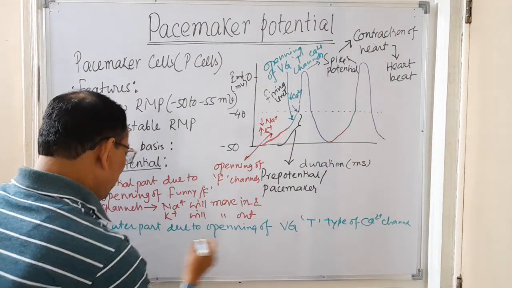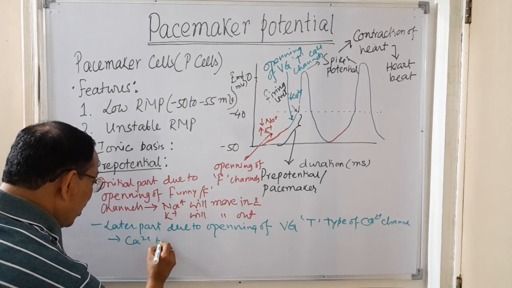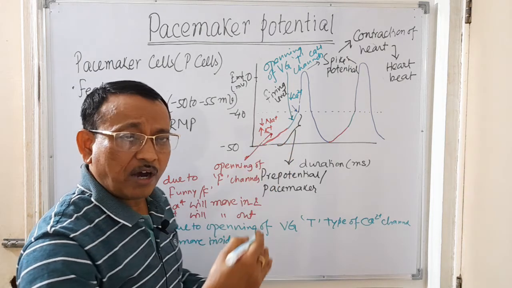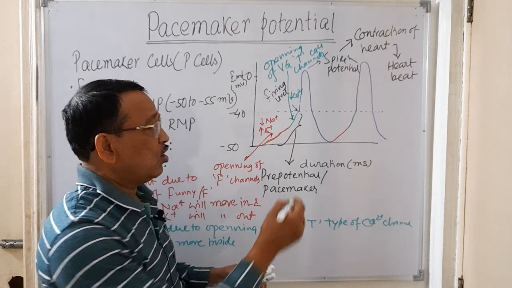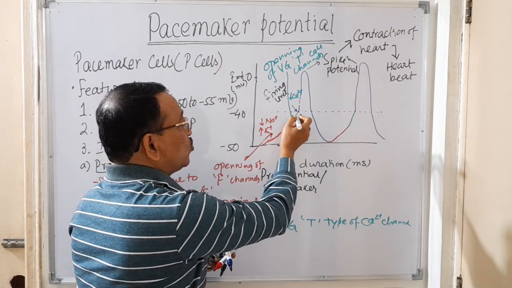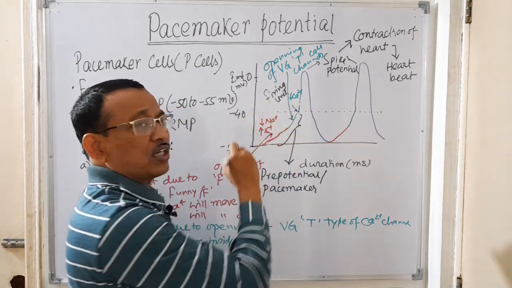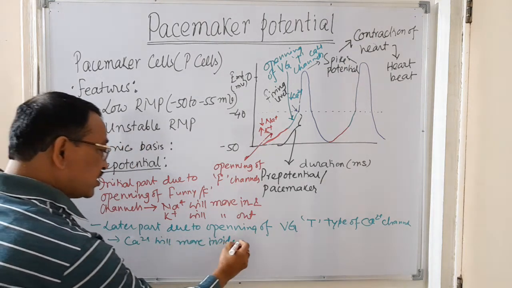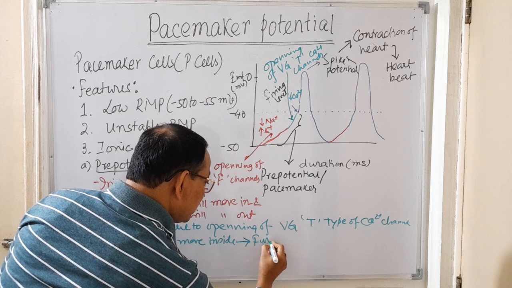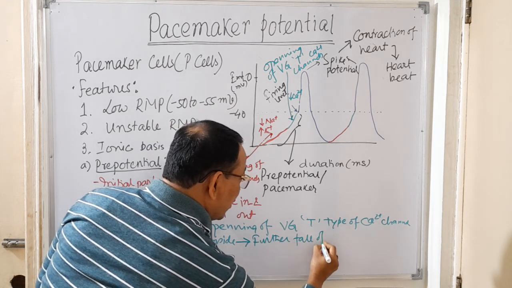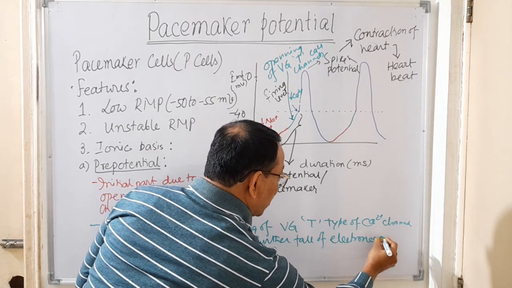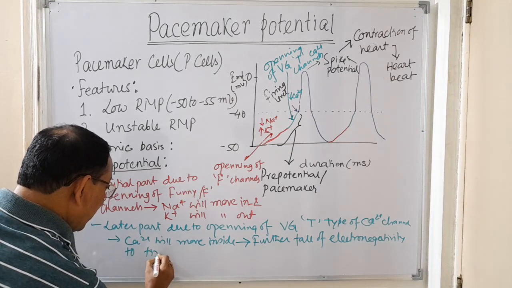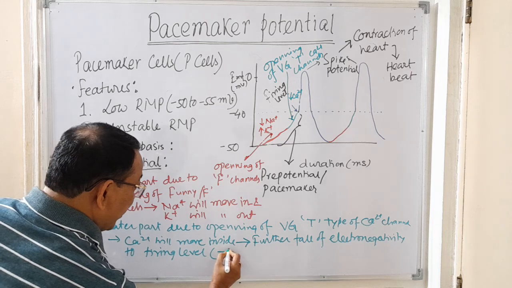As calcium ions are positive ions coming inside the cell membrane of the pacemaker cell, electronegativity will be further reduced to ultimately reach -40 millivolt, that is the firing level.